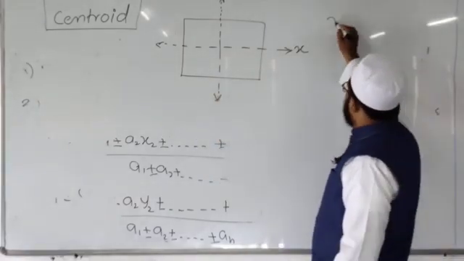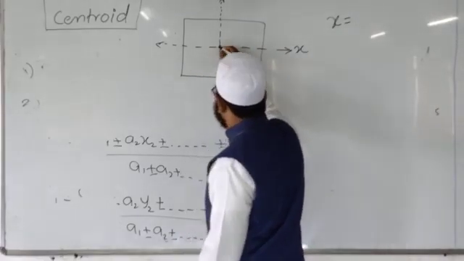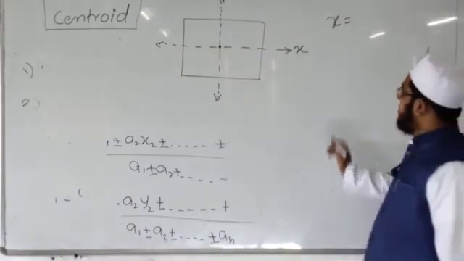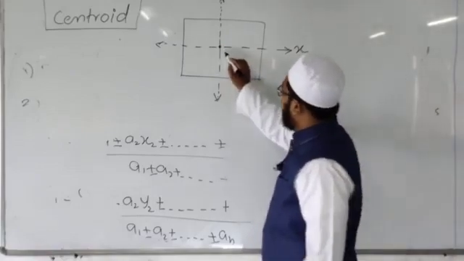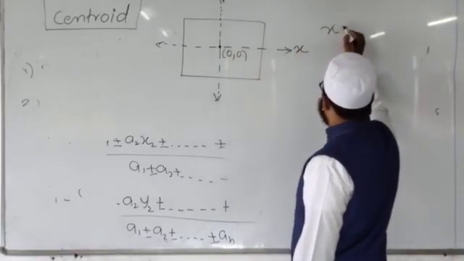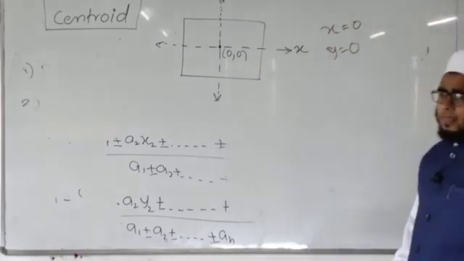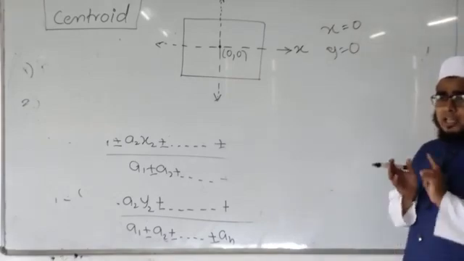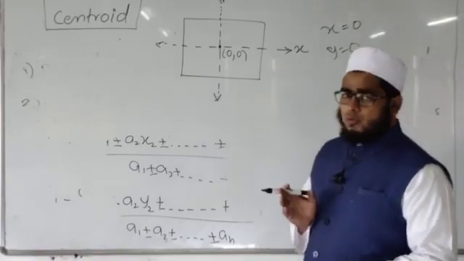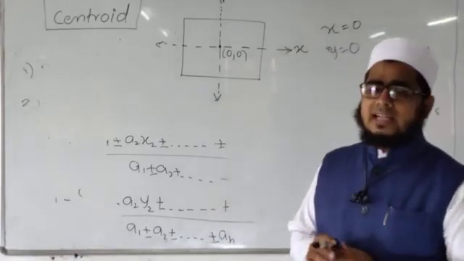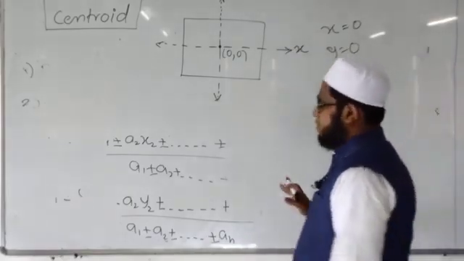In this case the centroid will lie at the center of the axes, so the coordinates at this point are 0, 0. Therefore the coordinates of the centroid are x equal to 0 and y equal to 0. Whenever the figure is symmetrical about both the axes x and y, the x coordinate of the centroid is 0 and the y coordinate is also 0.